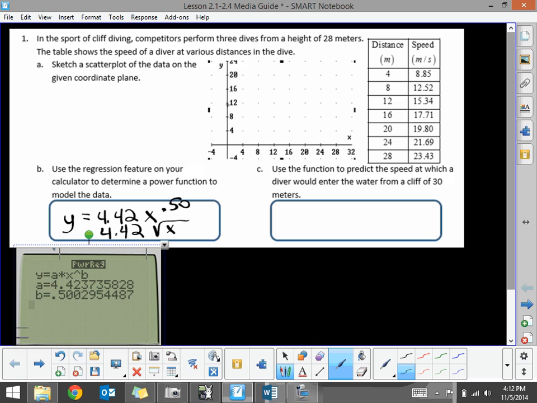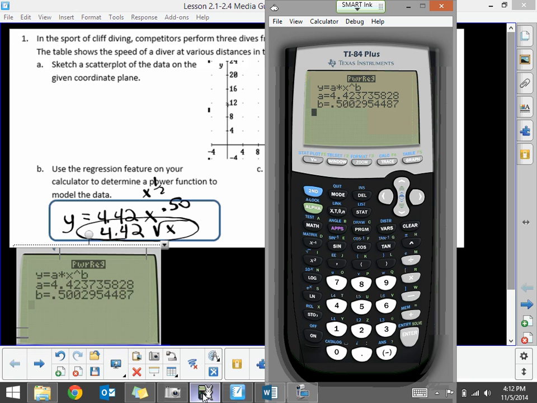If you remember, this is x to the 1/2 power. So we're looking at a square root model, and if you remember what that graph looked like, it has the appearance of the Nike swoosh that we talked about in class. If we look at that graph again, that scatter plot looks like the Nike swoosh, and here comes my best fit curve. So that's my power regression best fit curve.